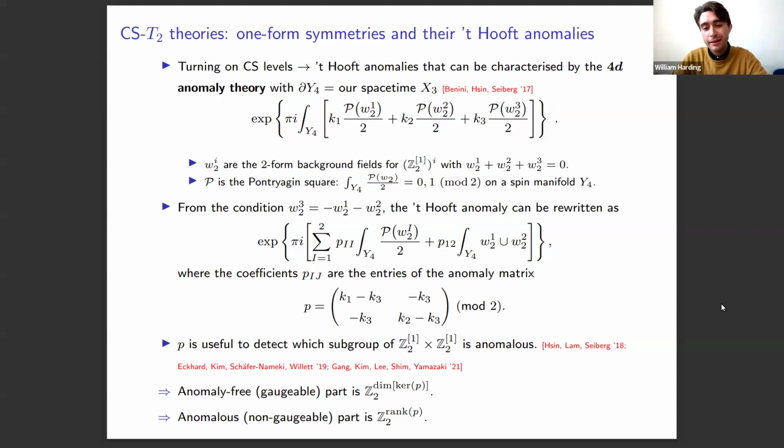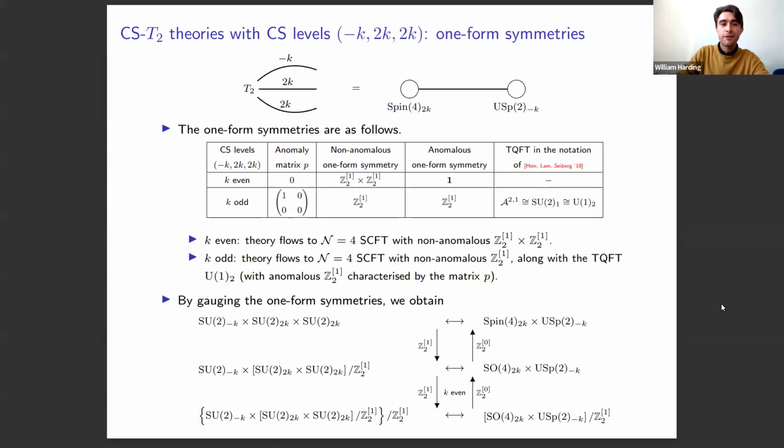And now let us see an explicit example of these one-form symmetries and anomalies, which I discussed in this slide. So let us consider our case of Chern-Simons levels -k, k and 2k. So this theory, which I write down here. So the one-form symmetries and their 't Hooft anomalies are reported in this table.